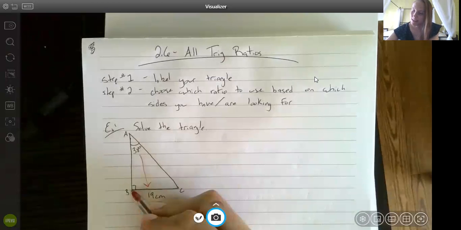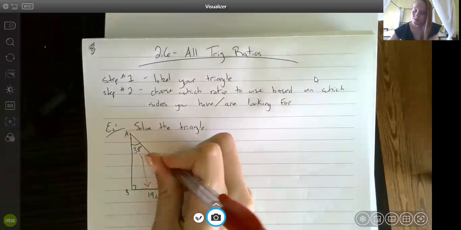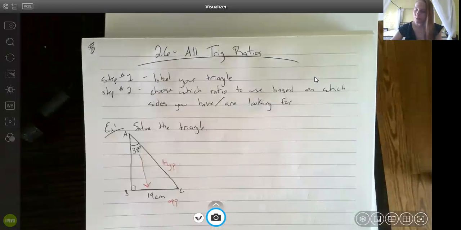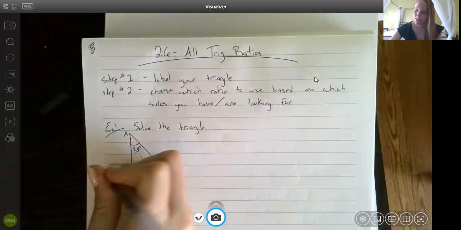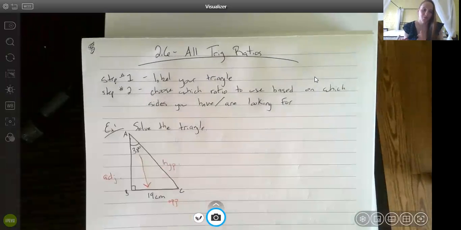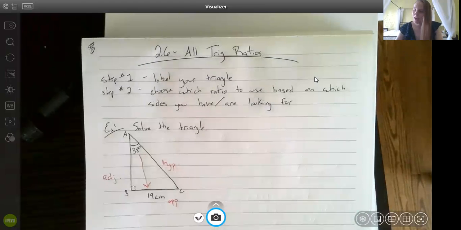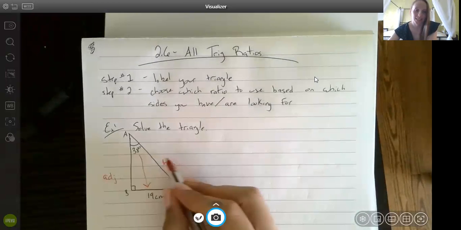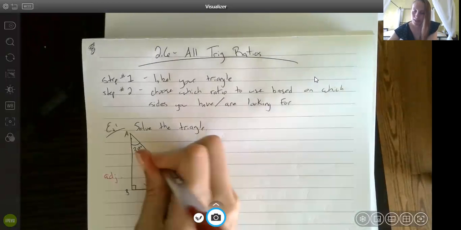Across from the right angle is my hypotenuse. So we have the hypotenuse, we have the opposite, the other side must be the adjacent. Now I need to find both the adjacent side and the hypotenuse side, and it doesn't matter which of those I start with. I'm going to start by finding the hypotenuse, so that'll be my first step.